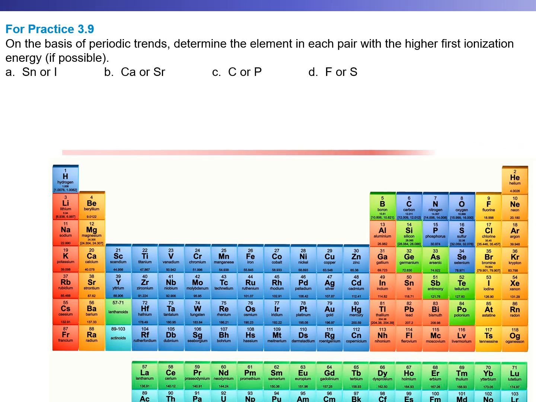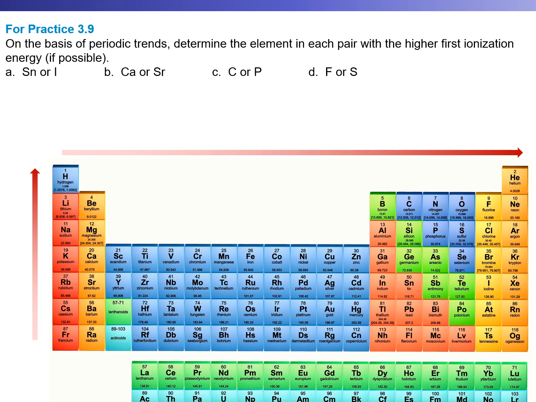And indeed, that is the trend. All right, so we get greater ionization energy as we go to the right. Now, what about as we move within a column, what do we see? Well, actually, the elements that are smaller have greater pull on the electrons that they have, and so what we're going to see is an increasing first ionization energy as we go up a column.